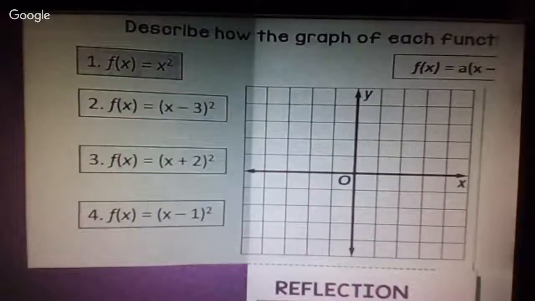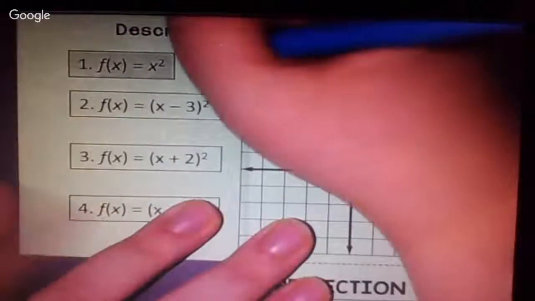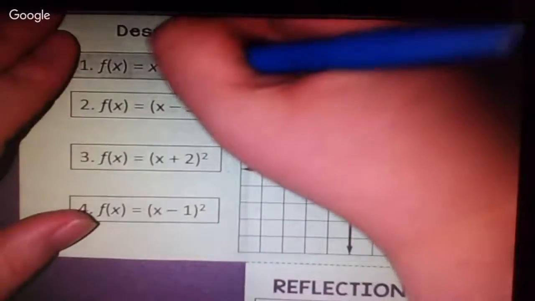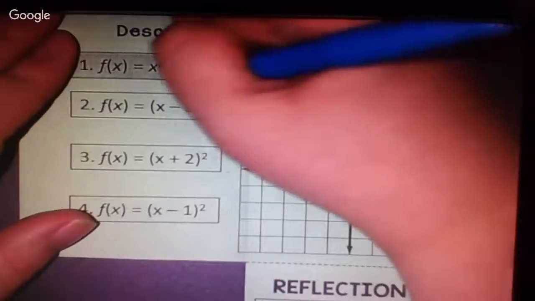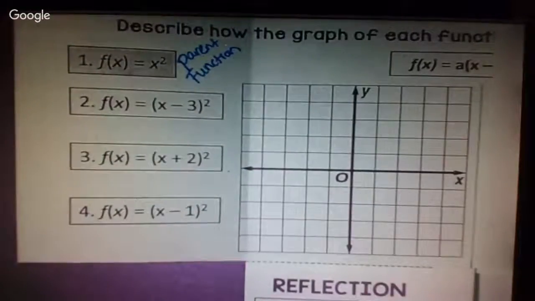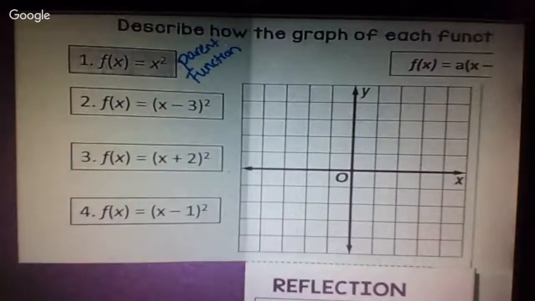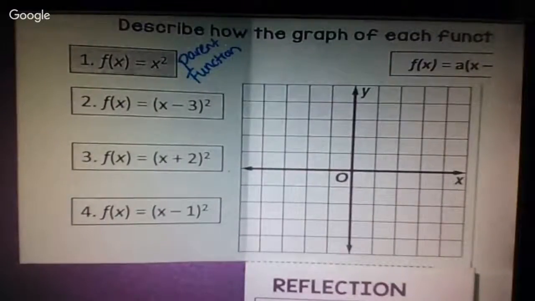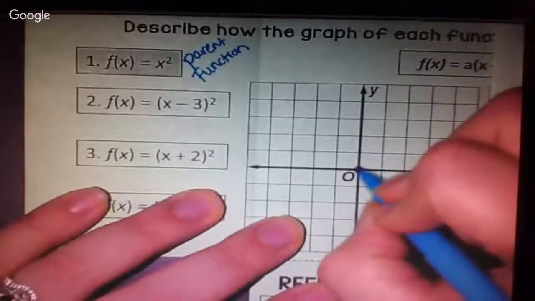All right. So number one up there, this is what we call your parent function. It's your original function, and then it produces children. So this is your parent function. It's your original. It's where every quadratic starts before we start transforming it.